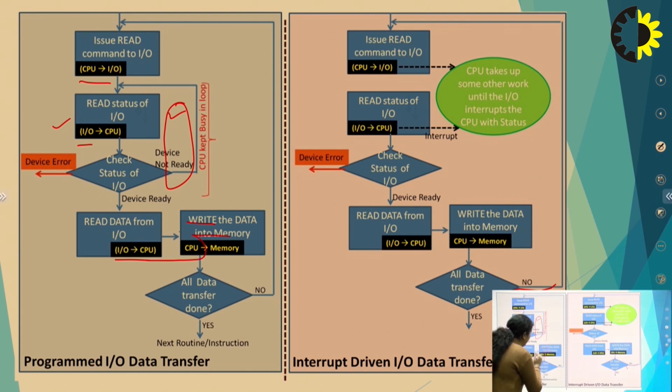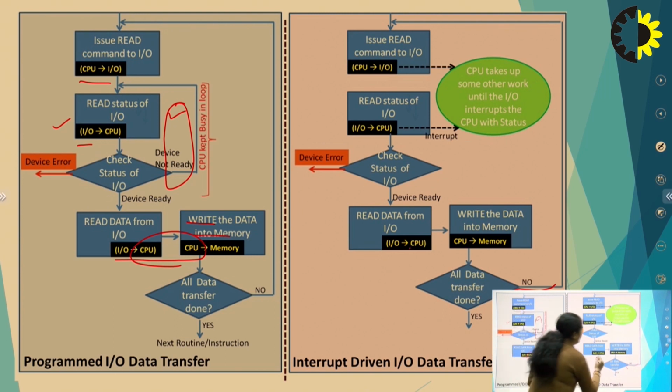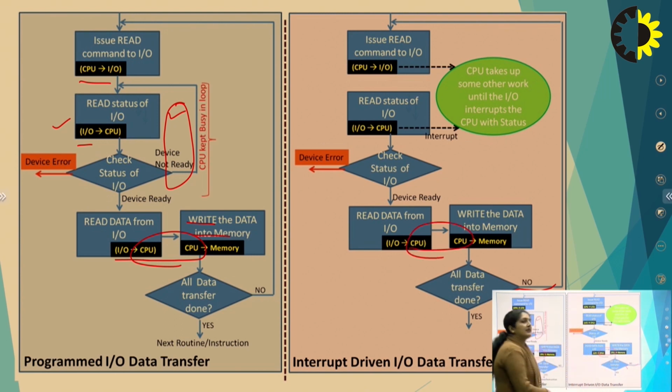So CPU is still busy in the read and write of data between the input output devices and the memory. In the communication between the input output device and the memory, the CPU is still an intermediary in both.